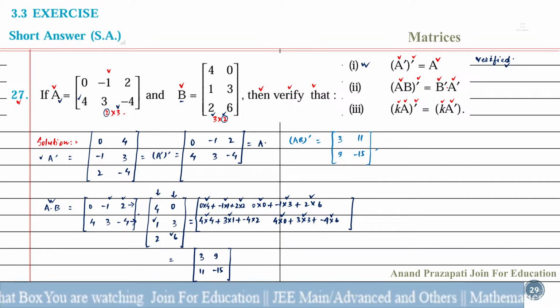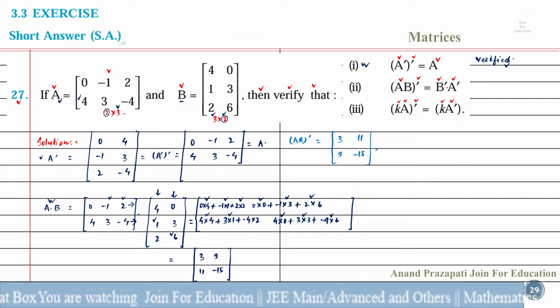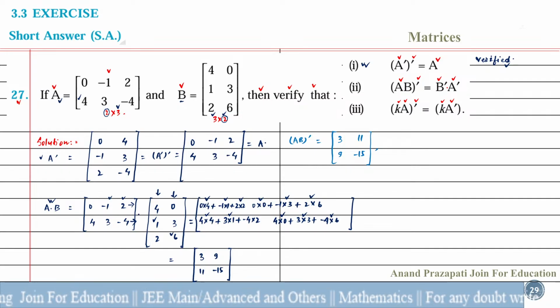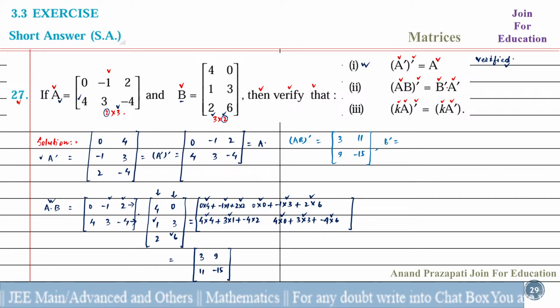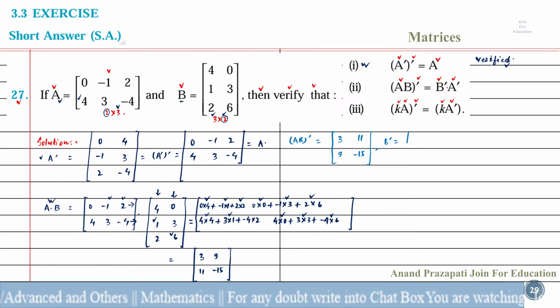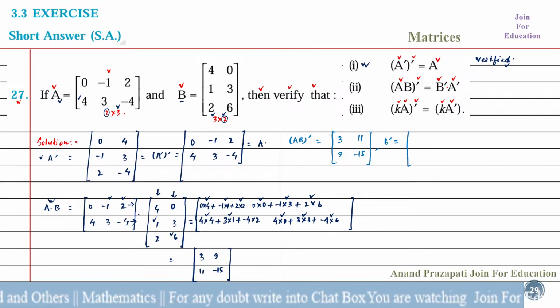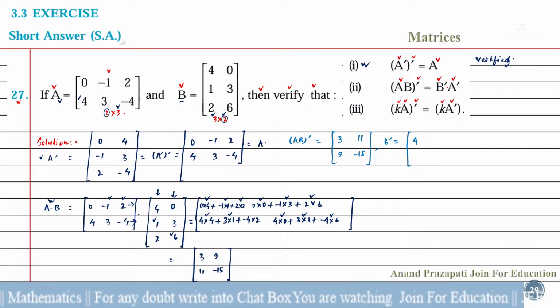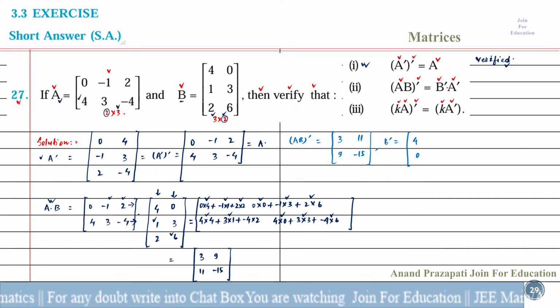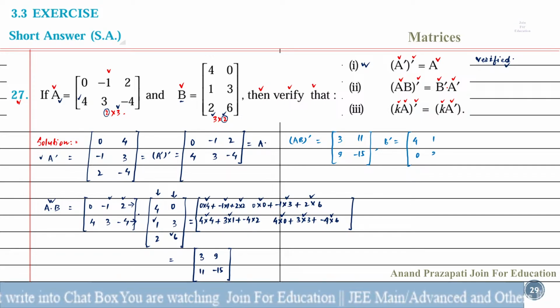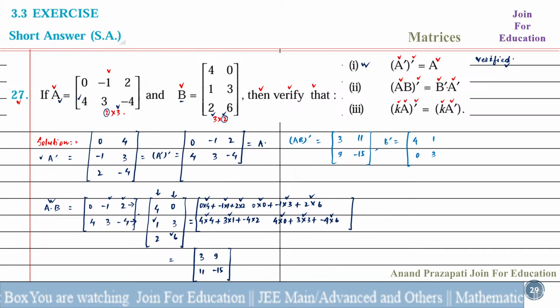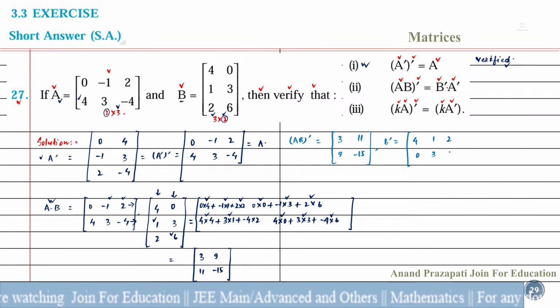Now we find out the transpose of B. So transpose of B here: first row will be the first column, so 4, 0. Second row will be the second column, so 1, 3. And the third row will be the third column, so 2, 6.